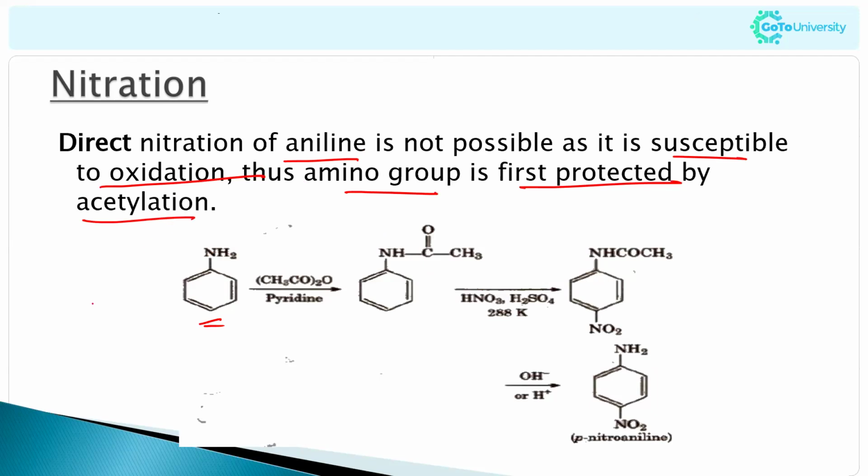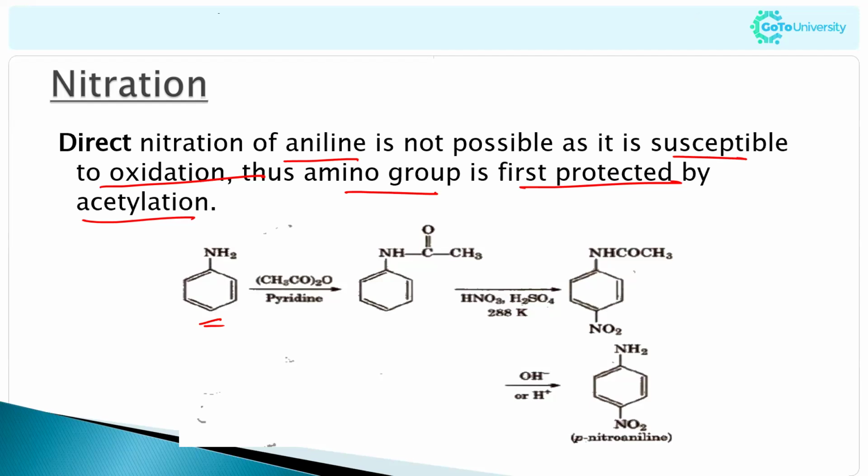So in order to introduce the nitro group, as in case of the previous reaction, we can see the bromine is directly substituting the hydrogen from the benzene ring. But here that is not possible. The nitro group is not able to replace the hydrogen directly.